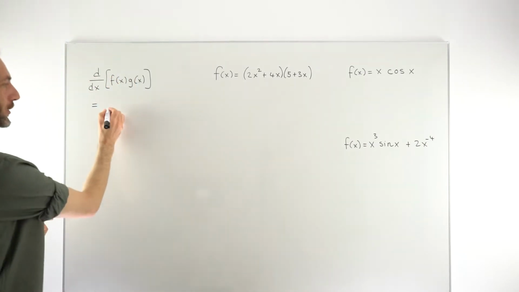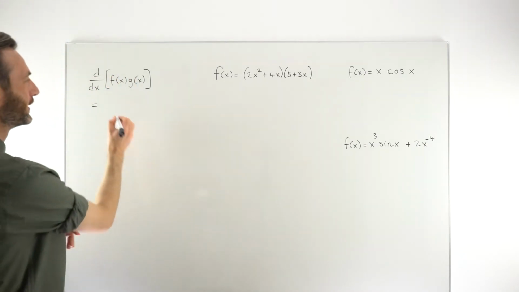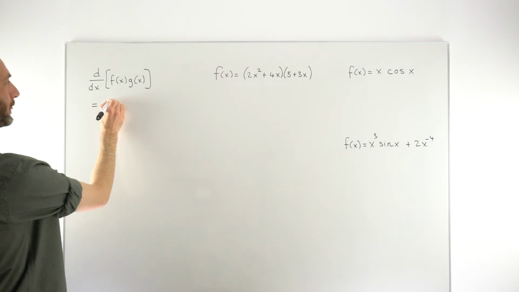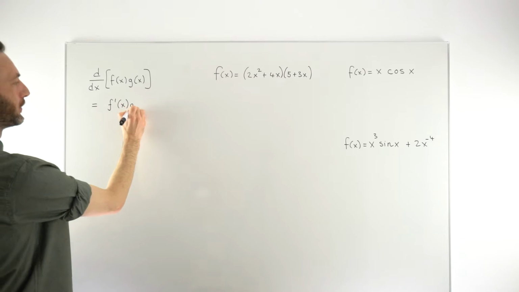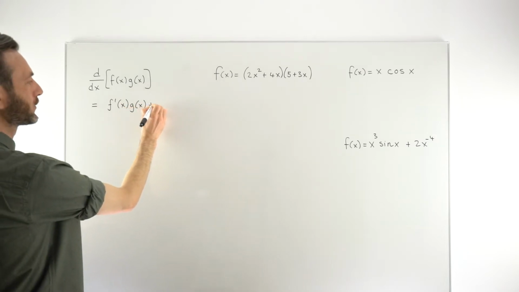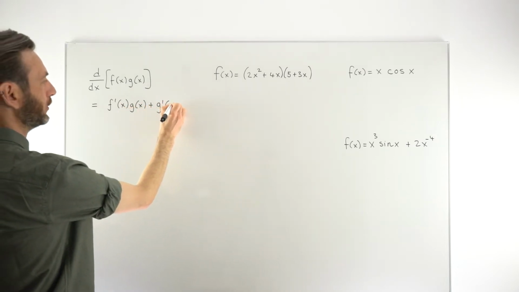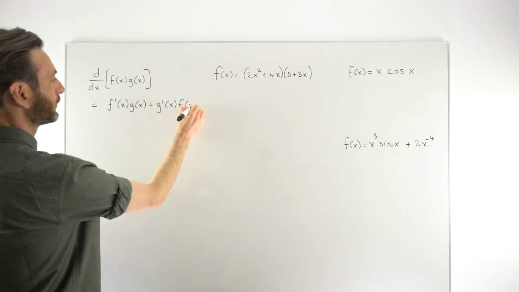In algebra, it would be f prime of x times g of x plus g prime of x times f of x.